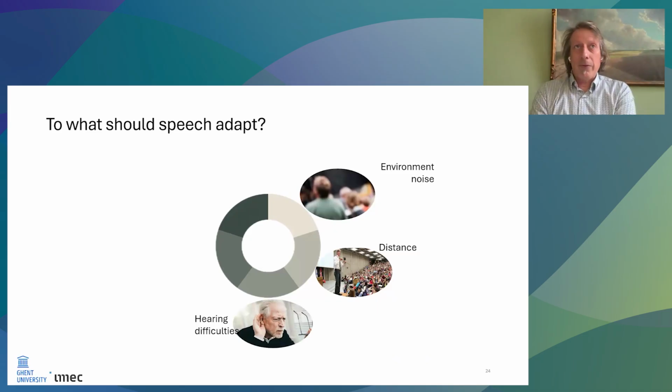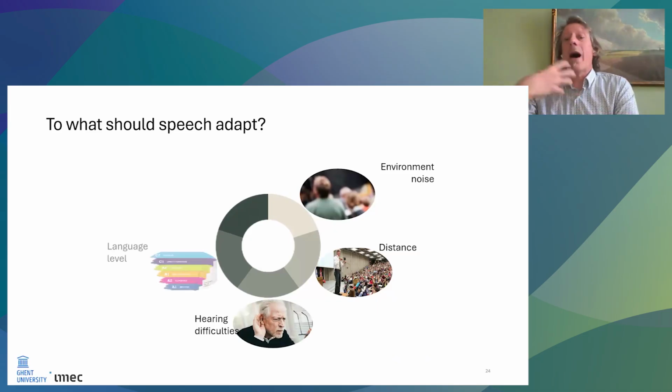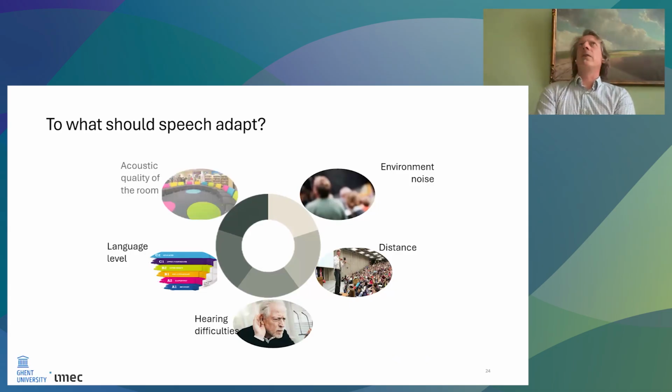The language level, if you know that people are not speaking your language, you're going to put more effort into your speech. And then finally, the acoustic quality of a room. At the moment, I find myself in an abbey and it is ridiculously echoey. And almost unconsciously I'm going to adapt my speech to be better understood.